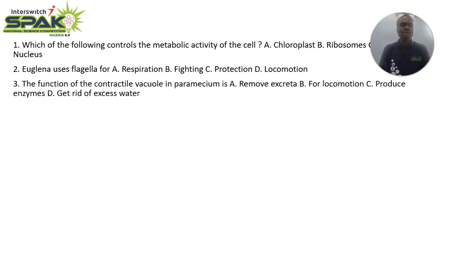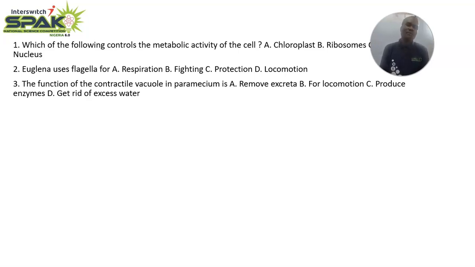All right, so let's look at our next question. The function of the contractile vacuole in paramecium is dash: A, to remove excreta; B, for locomotion; C, to produce enzyme; D, to get rid of excess water. The correct answer is to get rid of excess water.